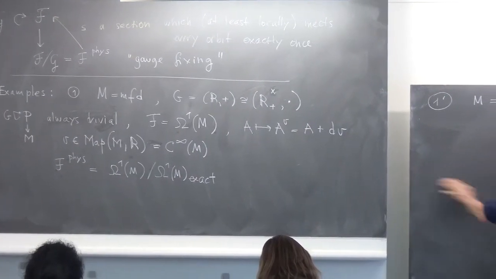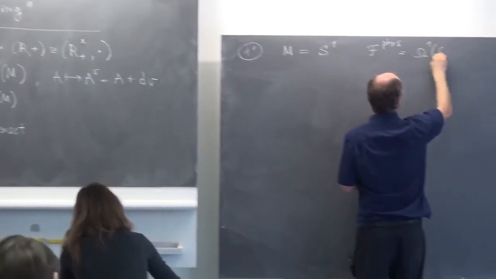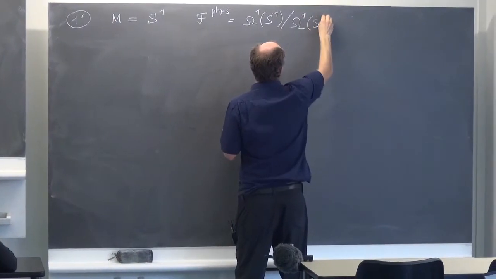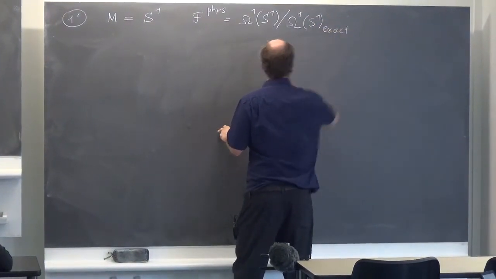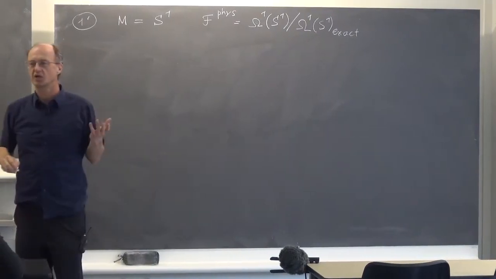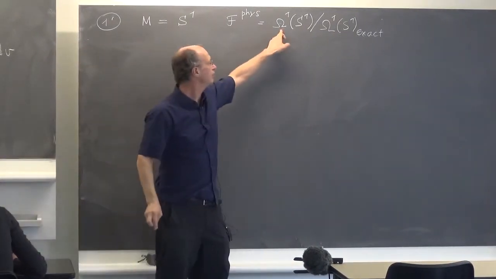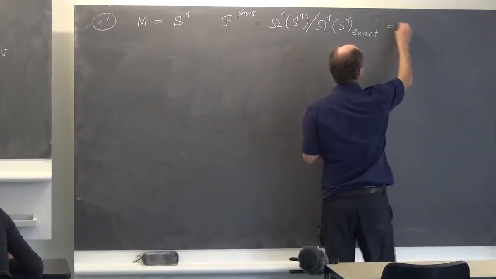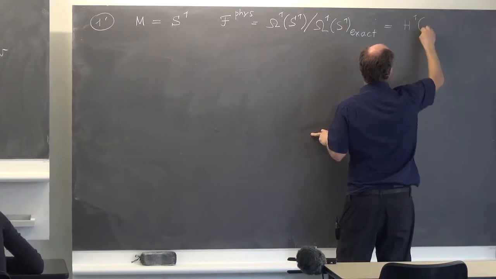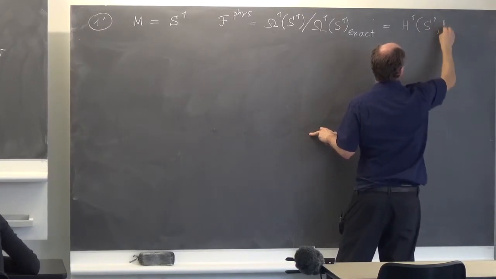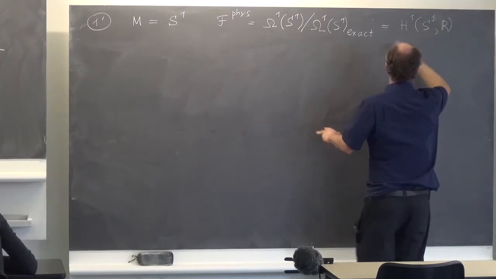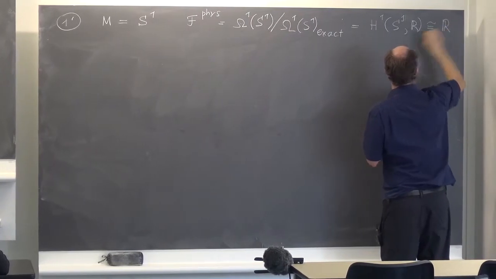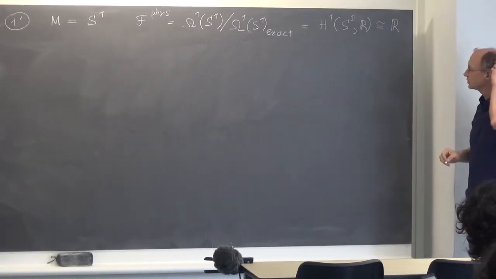This F physical is omega 1 of S1 divided by omega 1 of S1 exact. But since 1 is the top degree, all these 1-forms are closed. So this is actually just by definition the de Rham cohomology of the circle. The de Rham cohomology of the circle in degree 1 is R.